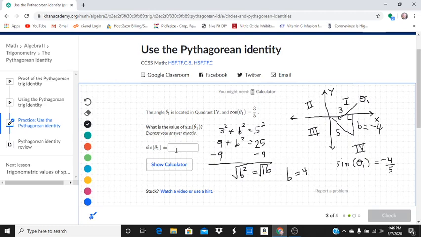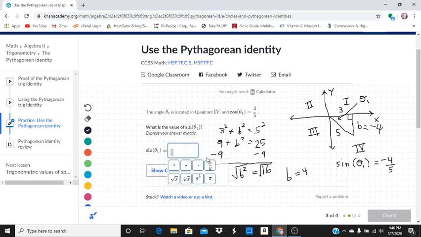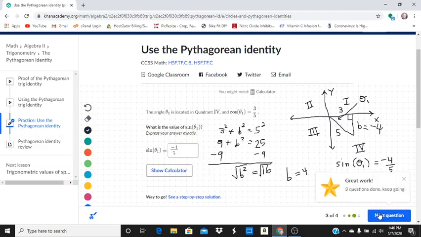Okay? So we're going to go negative 4 over 5. Let's check our work. There you go. Okay, let's try another one.